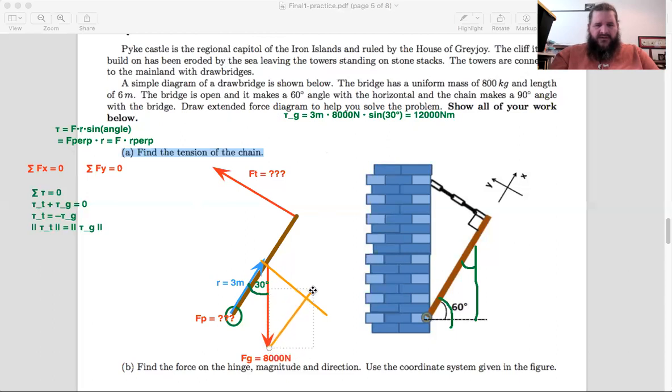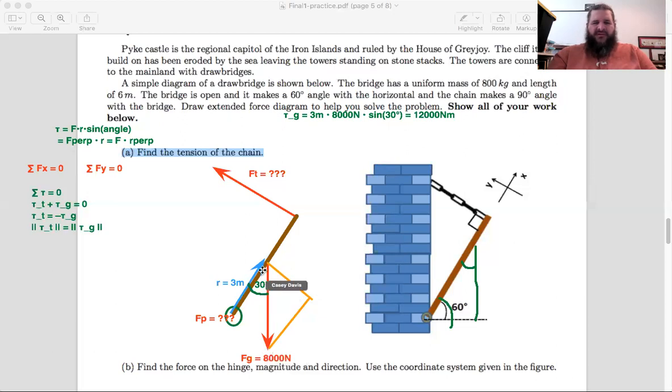Because ideally we want to create a new right triangle with the vector itself as the hypotenuse, and the other sides having one side perpendicular to the drawbridge, the radius vector, and the other side parallel to the drawbridge.